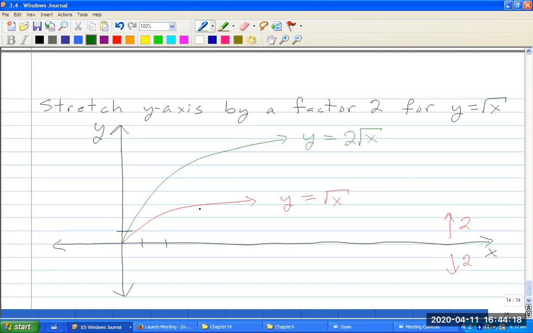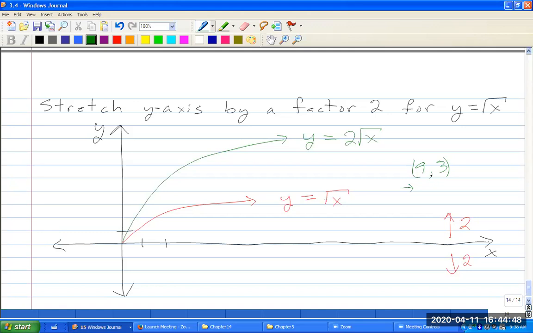Okay. So the x is kept the same. So what you're doing is you're taking, say, the point x, y, and you're graphing y twice the size. So you've taken any point, say some point on the graph. Let's do 9, 3 was a point on the graph.